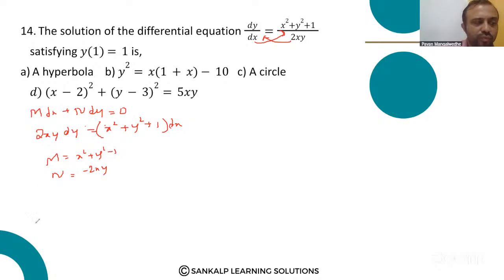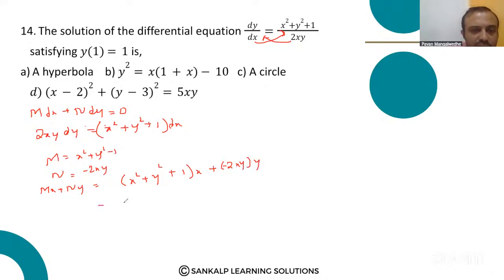Okay, so Mx plus Ny. Mx plus Ny in the sense what is it? Writing this in the integrating factor form. Mx plus Ny, that is x square plus y square plus 1 into x minus 2xy into y.